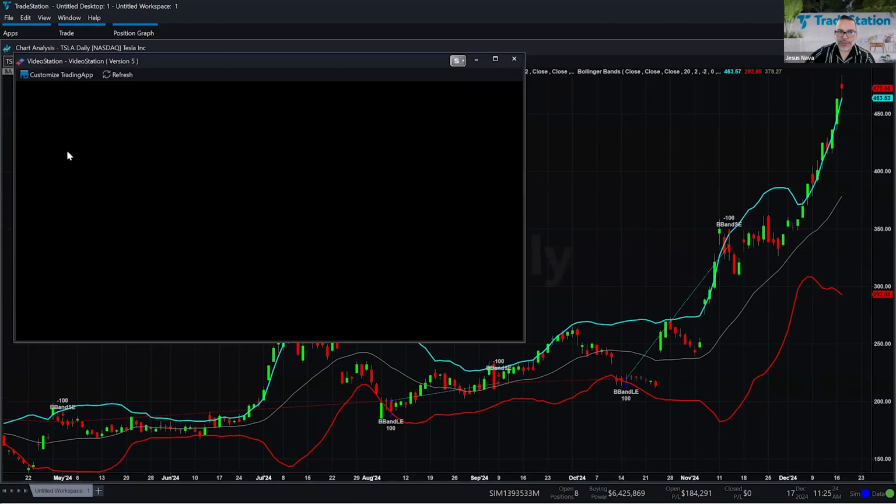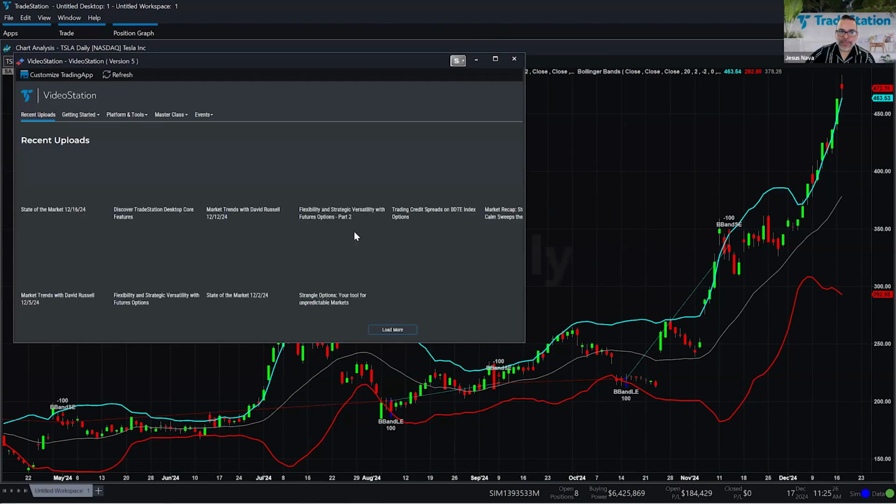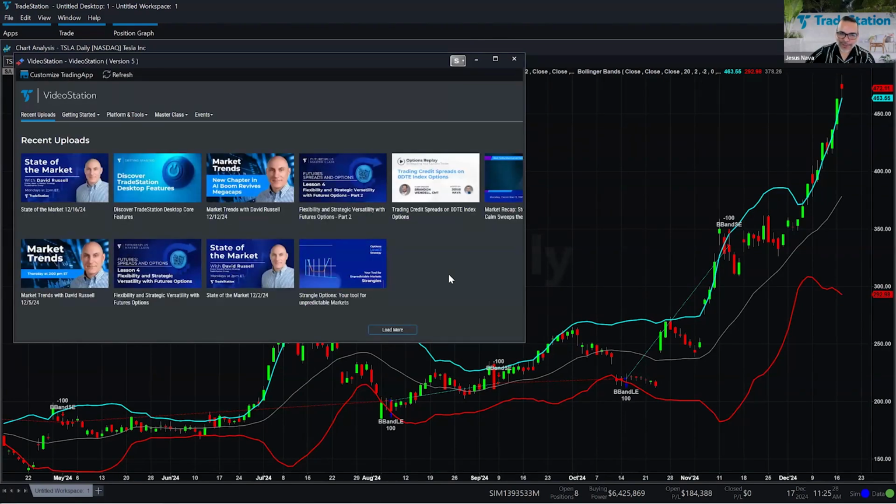Video Station is a trading app that loads the videos that are on YouTube. It's a very interesting trading app. You can access those videos from within the TradeStation platform. But the nice thing about this app is that it organizes the videos using these tabs.